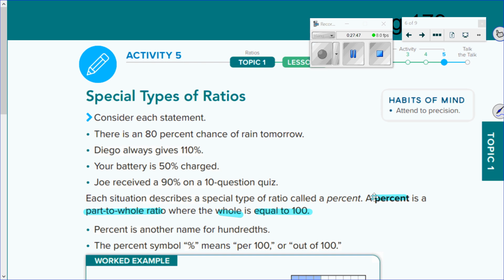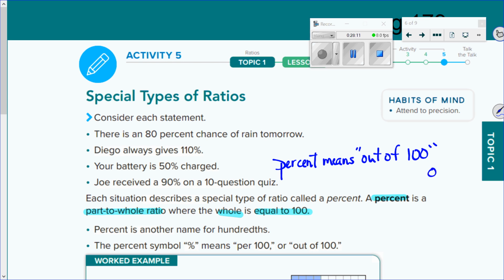Guys, I want to add a couple things in here. So I want you to add in: percent means out of 100. The way that we show percent is with a percent sign.